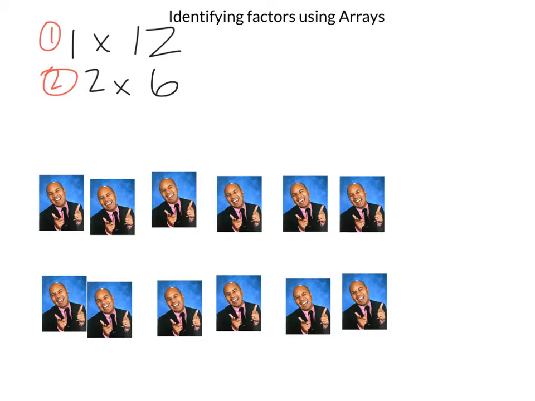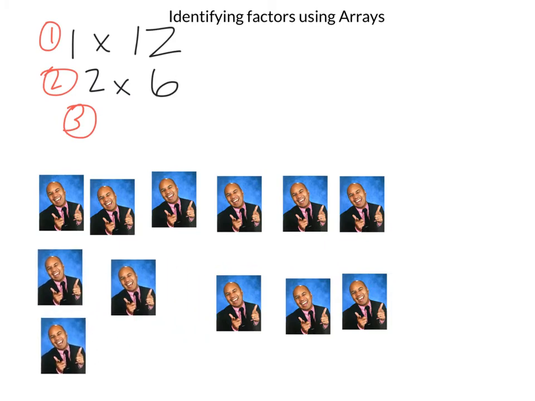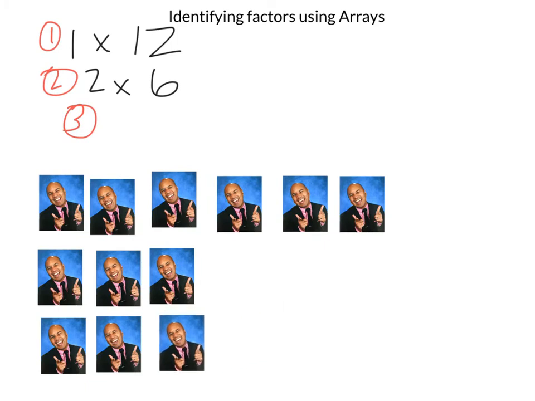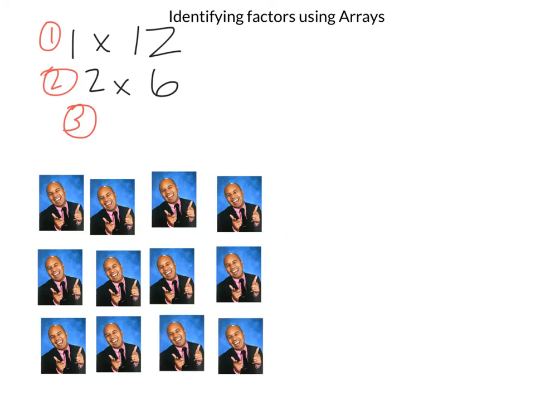Can we do it with 3? So let's try that out with 3. Okay, let's see if that works. Let's do this. 1, 2, 3. And all we're doing is distributing 3 rows evenly, just like that. How many do we have?